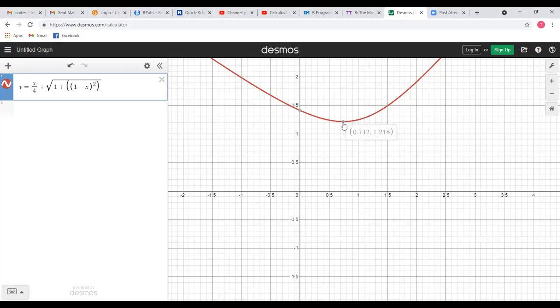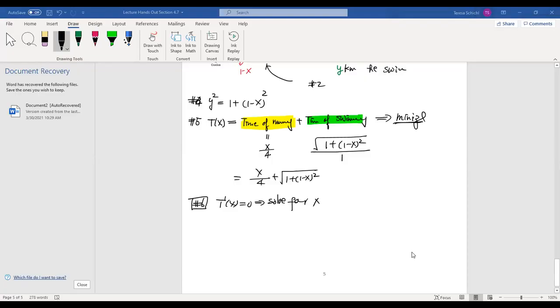So x equals 0.742, and the minimum value is 1.218. Okay, so let's go back to our lecture notes. By the graph, you will see the minimum point happens at x equal to 0.742.